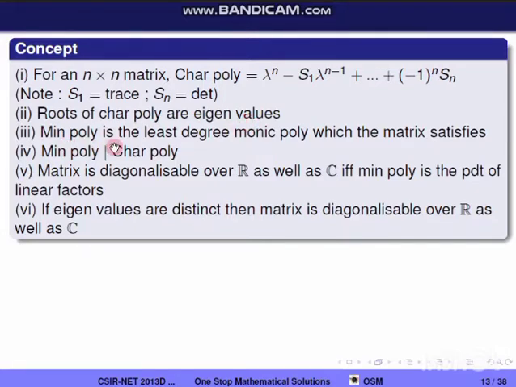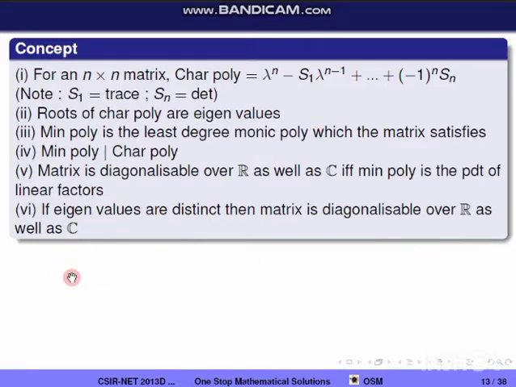Minimal polynomial is the least degree monic polynomial which the matrix satisfies. Minimal polynomial always divides characteristic polynomial. Matrix is diagonalizable over Q as well as R if and only if minimal polynomial is the product of linear factors. If eigenvalues are distinct, then matrix is diagonalizable over R as well as C.